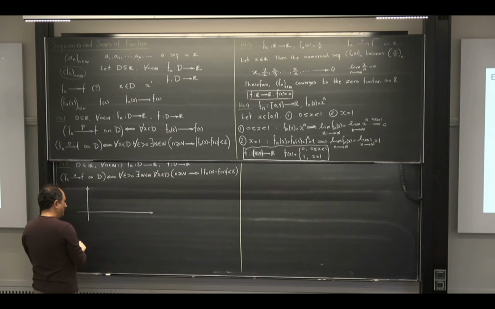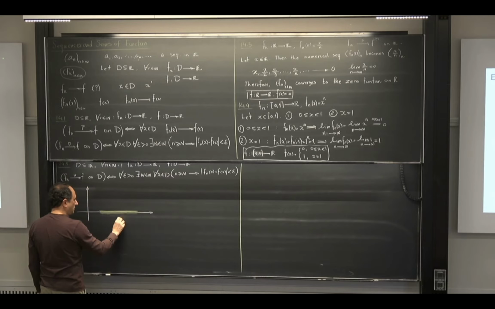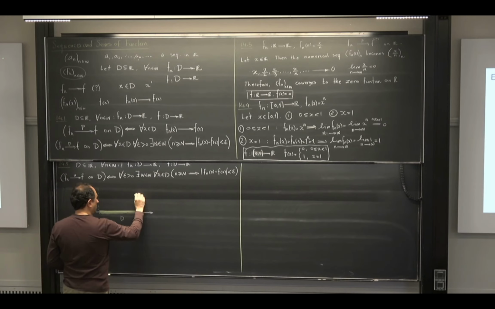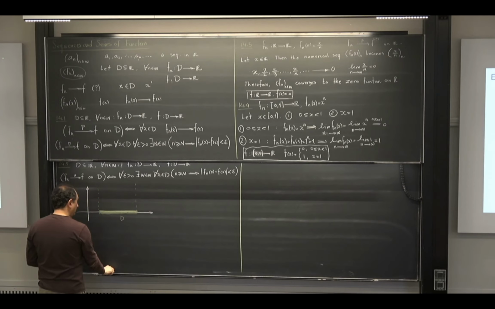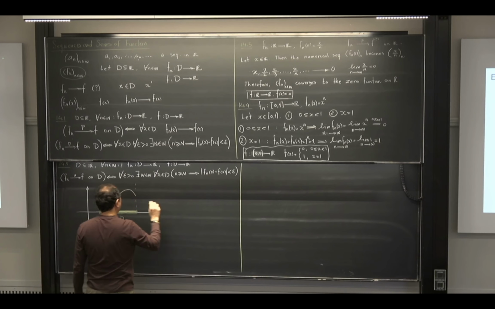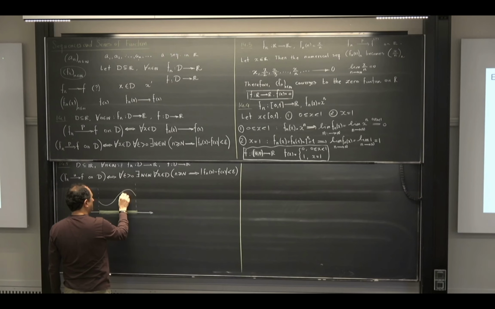Let us say that this is my domain D, and I am defining my functions here. And let us say that I have this function. For example, this is the function f, the limit function.